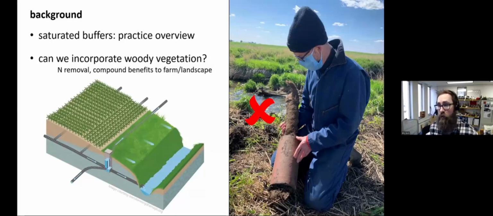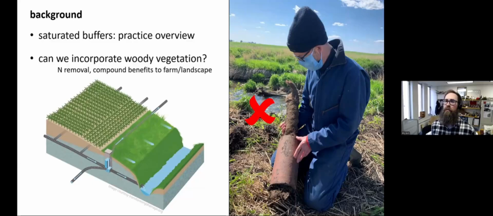So instead of short circuiting, going right to the creek, we raise that table and pass it through groundwater to the channel. However, I was always curious, and I think a lot of us foresters were always curious as we go around the landscape, can we incorporate woody vegetation into this practice? For a variety of reasons. A, to see if it has any differences in N removal versus the vast majority of practices that have non-woody vegetation established.